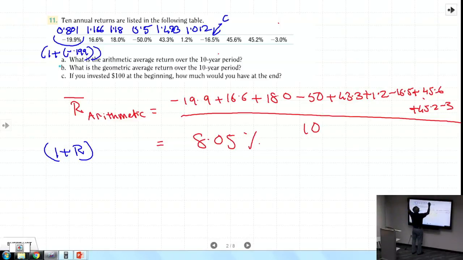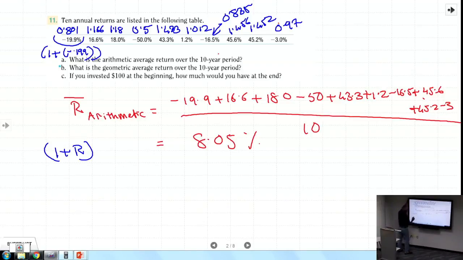This one would be 0.835. This would be 1.456, 1.452, and this would be 0.97. So now I have the wealth relative for each of the 10 years.